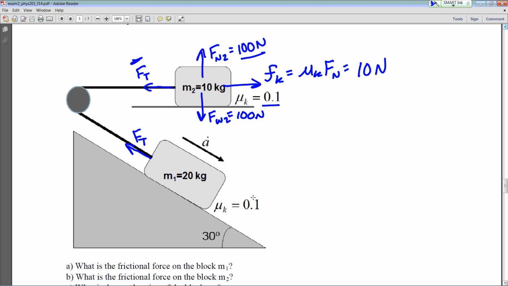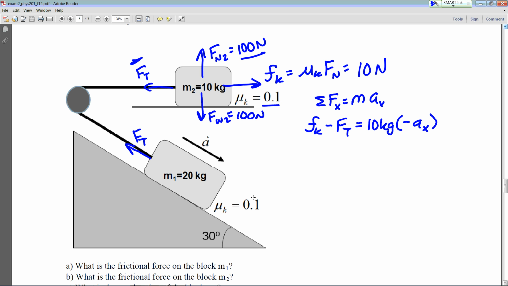Now I can write Newton's second law, sum of the forces in the x direction equals m a_x. So that's going to be Fk minus Ft equals the mass, which was 10 kilograms, times the acceleration. I'm going to put in a negative acceleration here, negative a_x, because it's to the left instead of to the right.